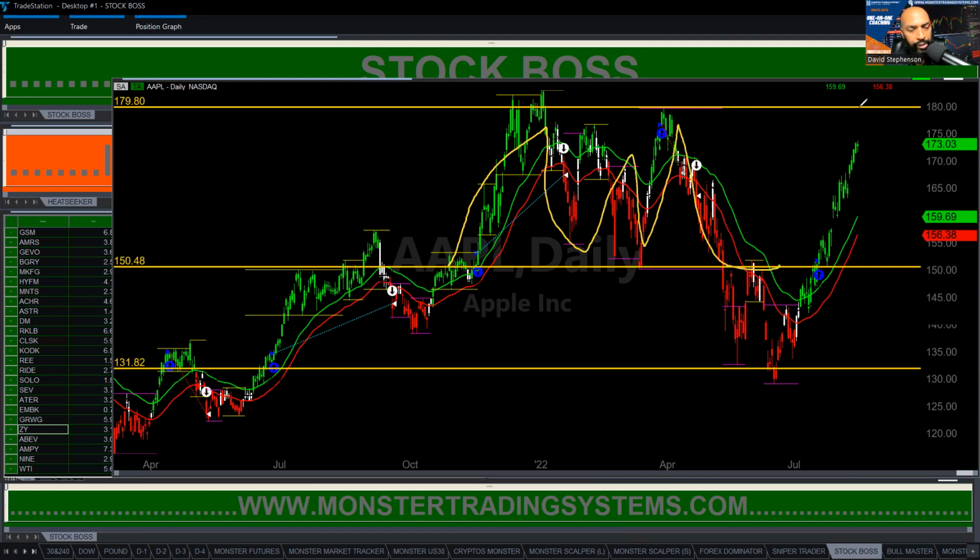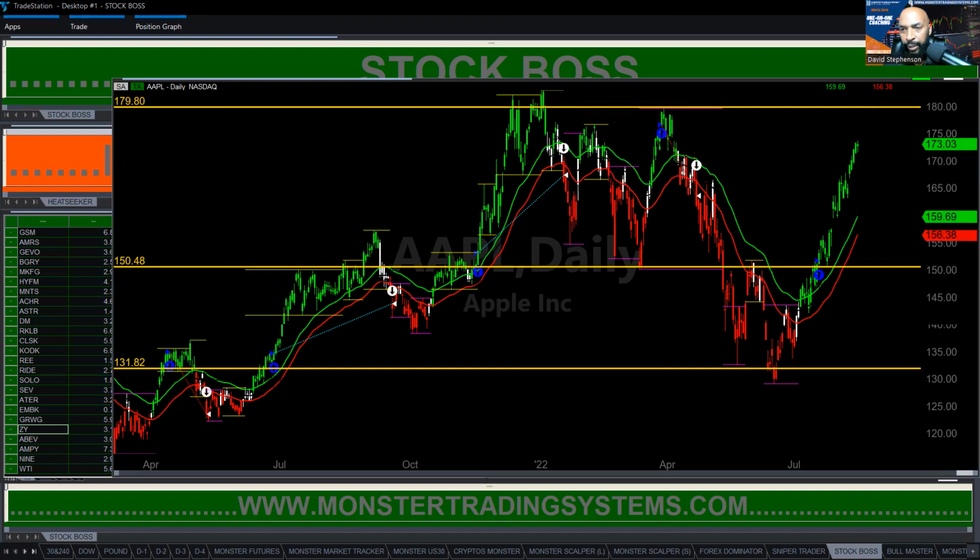So look here. There are definitely sellers waiting here. Sellers are definitely waiting here. All right, but very choppy. And again, look at the price compared to this stock here.